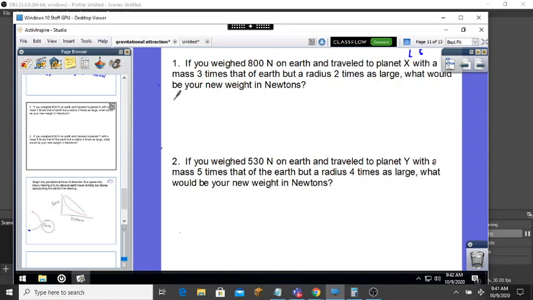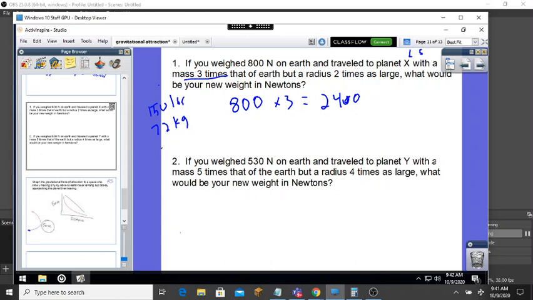But anyway, so here, how would you solve for this to find your new weight? Well, first of all, we're going to write down our weight, and it's 3 times the mass. So I'm going to multiply that by 3, and that gives me 2,400. That's my new weight, in newtons. Just like we have, let's say, 150 pounds. If you convert that to kilograms, I think it's like 72 or 74 kilograms.